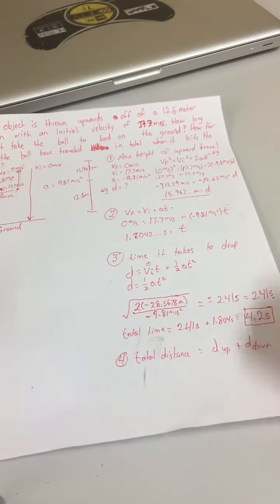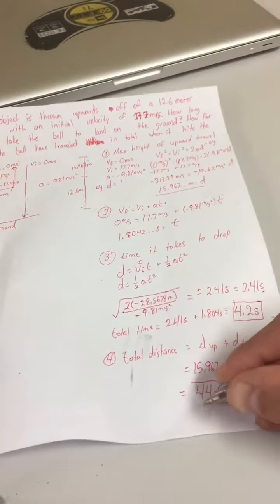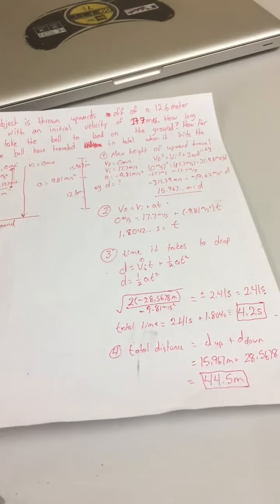So what this gives us, our distance that it went up, we said was going to be 15.967 meters. The distance that it goes down, again, if we add our 15.967 plus our 12.6, we get 28.5678 meters, giving us a grand total of 44.5 meters of travel for the ball itself.